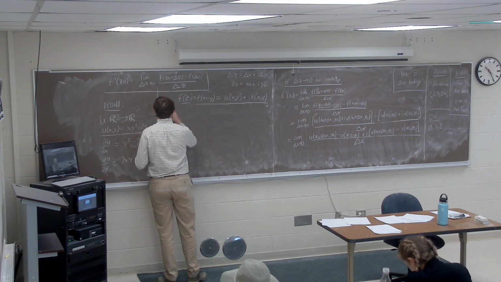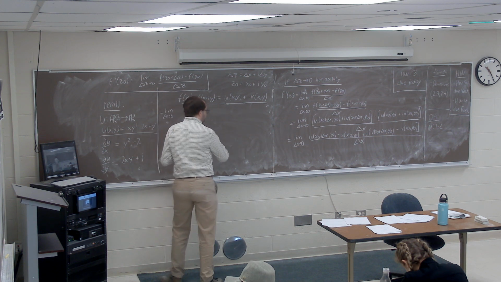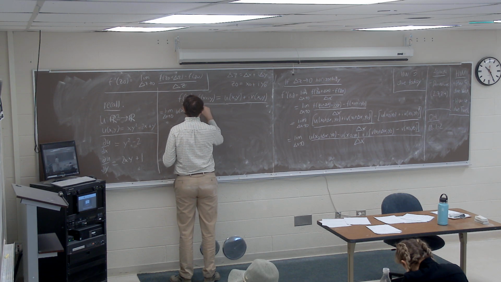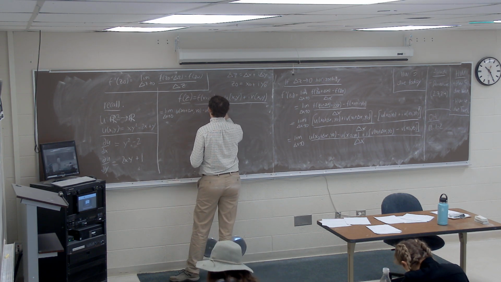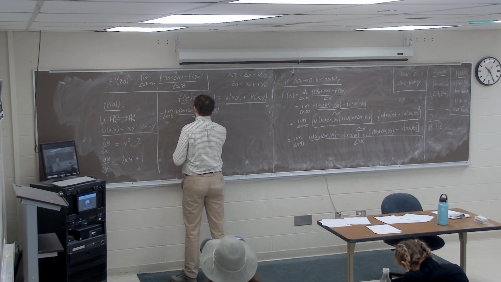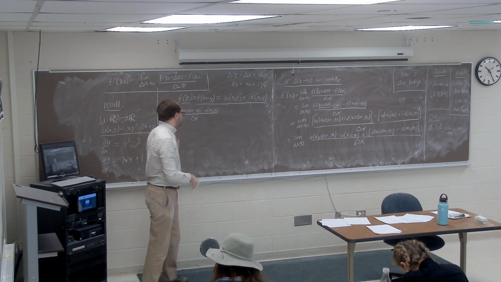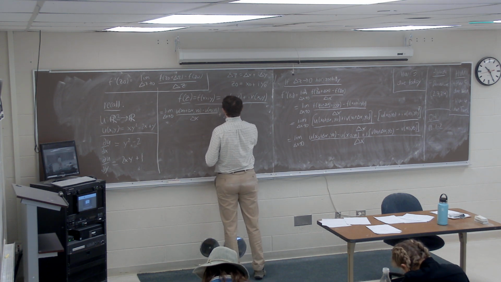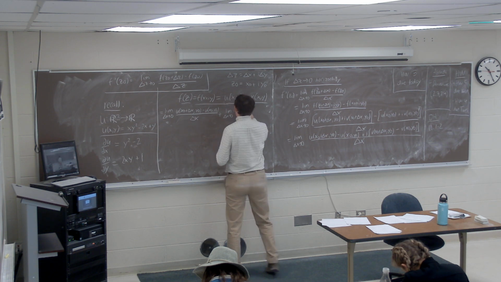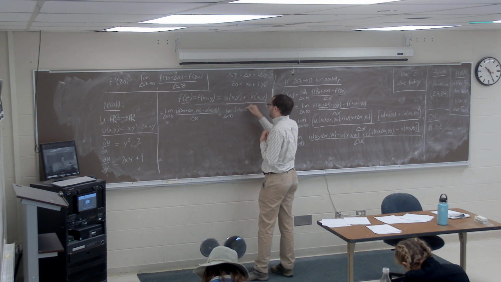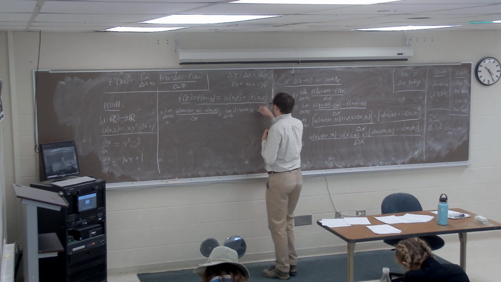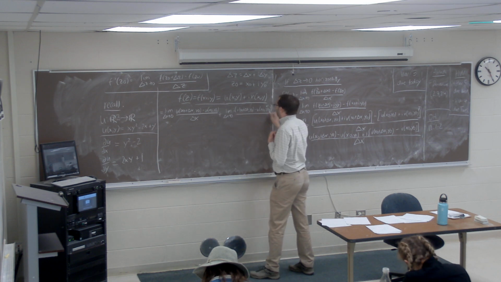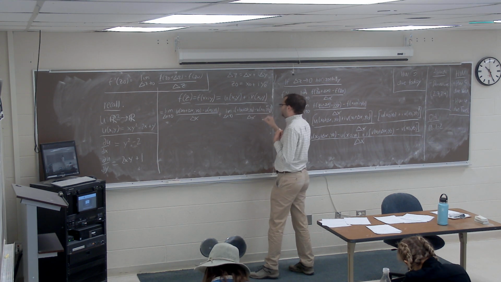We get limit as delta x goes to 0 of u of x naught plus delta x, comma y naught, minus u of x naught comma y naught, over delta x, plus limit as delta x goes to 0 of I times v of x naught plus delta x, comma y naught, minus v of x naught, y naught, all over delta x.